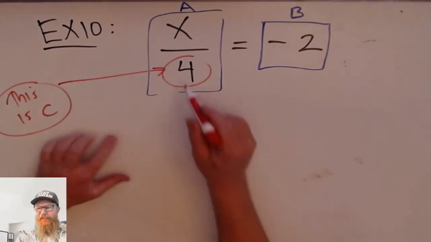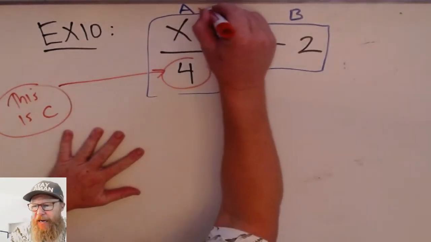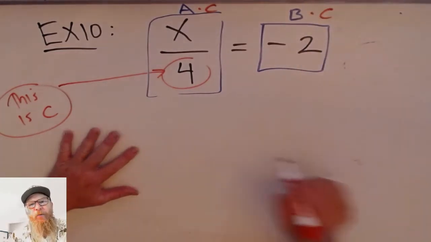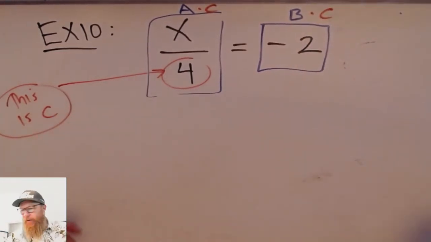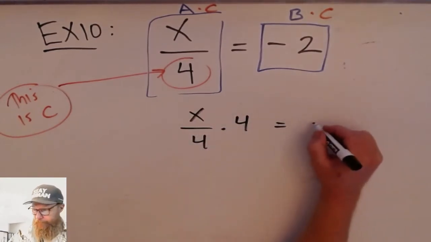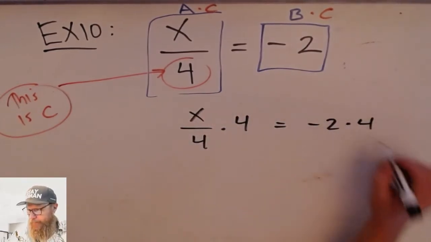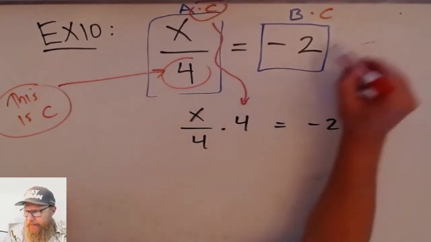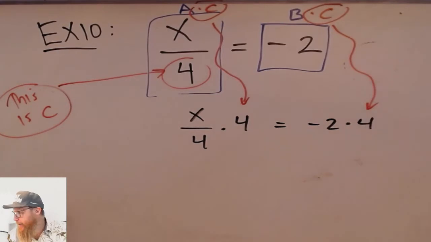And so this is C. So we're multiplying A times C and then B times C when C is equal to 4. So there's that C that I was talking about in the principle or the property.